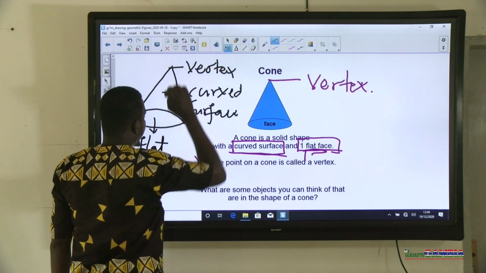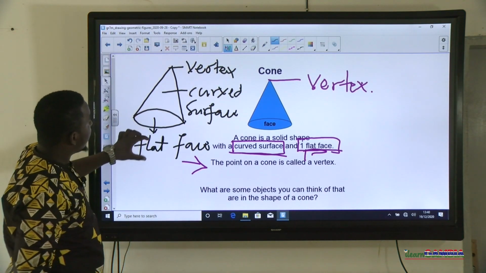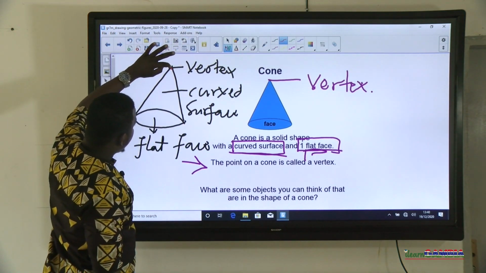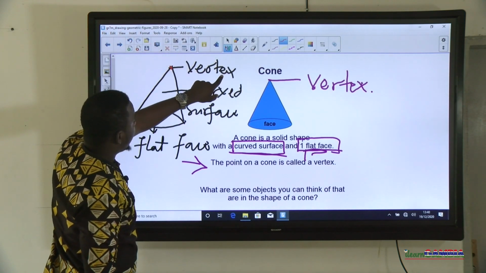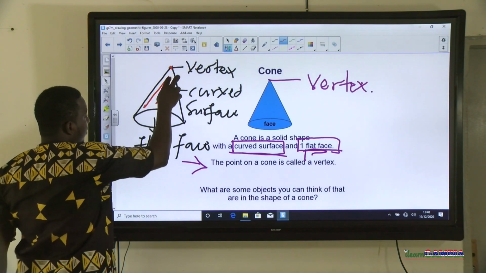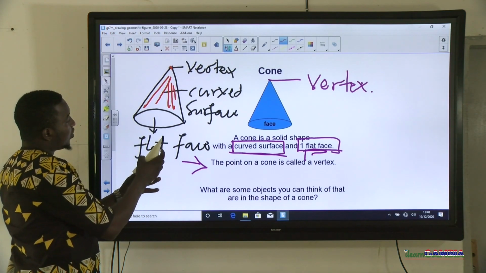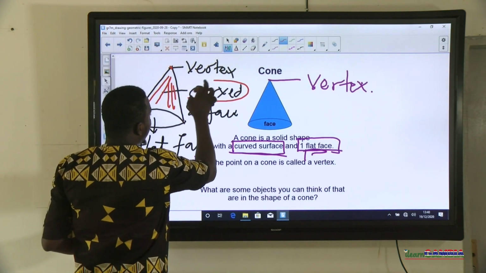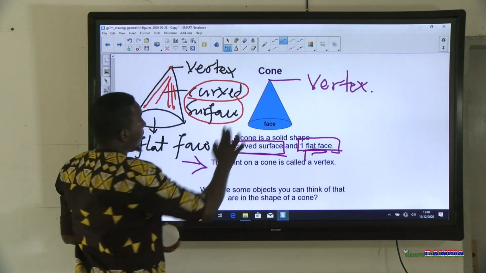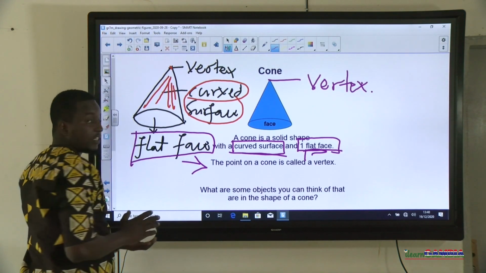So you can see that the point on top here is what we refer to as the vertex. And the curved area, that is this region, it is all curved, is what we refer to as the curved surface. And the bottom side here is what we refer to as the flat face.